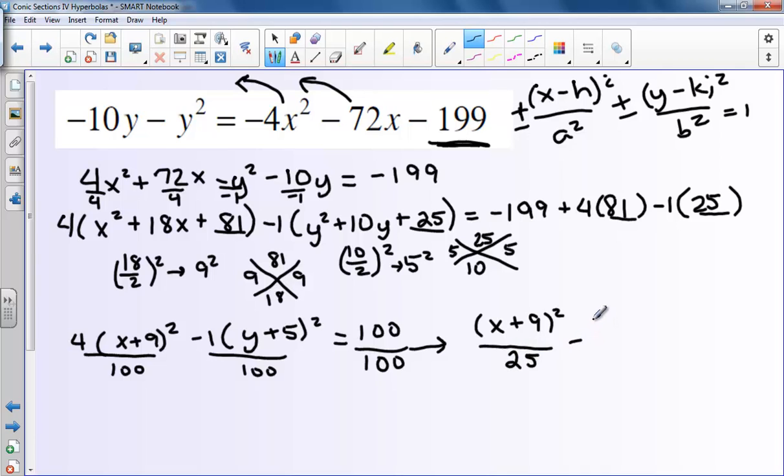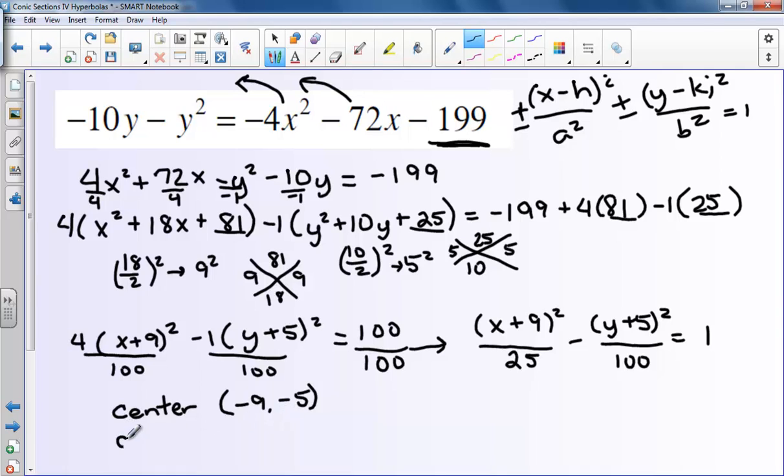Minus, now this one, 1 over 100 is not going to simplify at all, but I don't have to keep writing that 1 there. Equal to 100 divided by 100, which is 1. So I have my standard form here, which means I can now locate my center, and my center will be at (-9, -5).